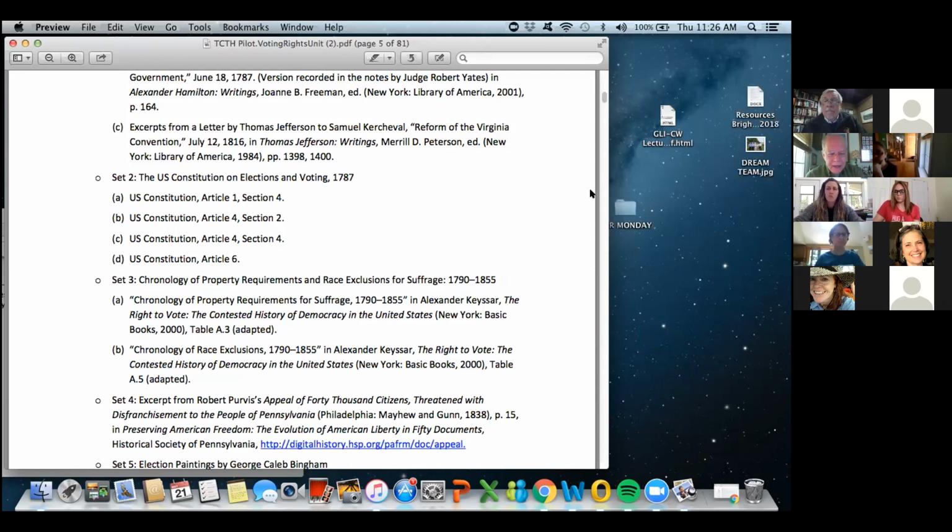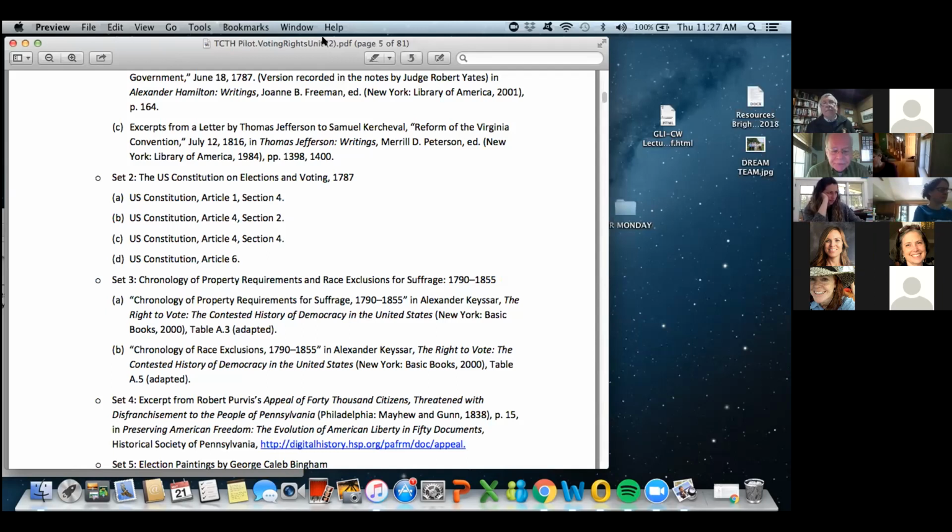Yes, I just want to make a comment about the appeal of 40,000 citizens. I think this document is really important because it can provide students with the concept that you can have the right to vote and then you can lose the right to vote. Having the right to vote historically does not mean that you're always going to have it.